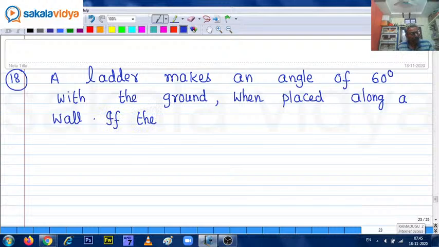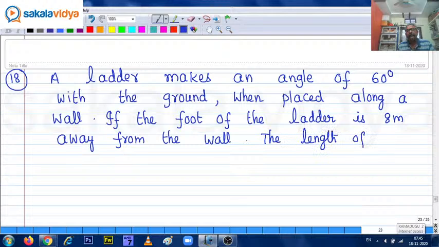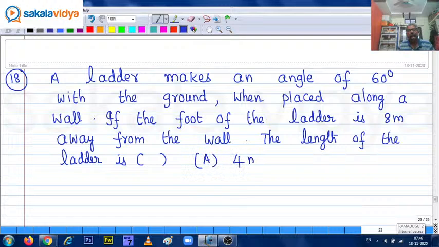If the foot of the ladder is 8 meters away from the wall, the length of the ladder is: A 4 meters, B 8 meters, C 8 root 2 meters, D 16 meters.